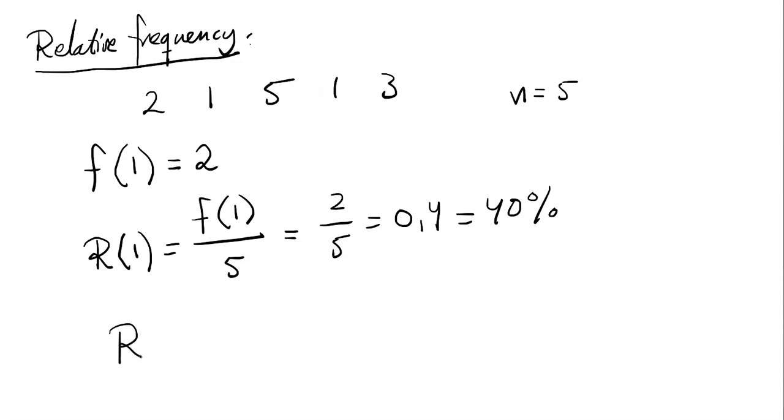So more generally, the relative frequency of a data type U is the frequency of U divided by the number of data in the data set. And often it's natural to give this in percent, but you could just as well answer it as a decimal number or a fraction. So let's take an example of this.